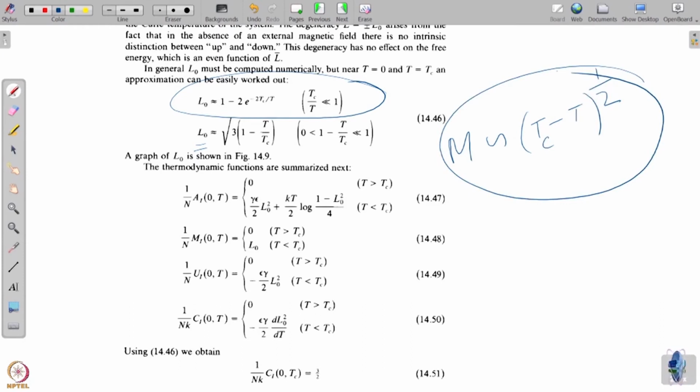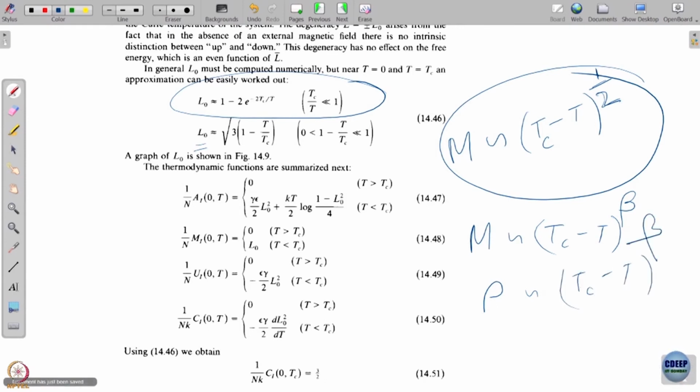That means the magnetization varies sharply as a fractional exponent, and in critical phenomena this exponent is called exponent beta. Sorry to use the same beta in many different ways. This is the equation of state. In the same way rho varies as Tc minus T to the power beta.